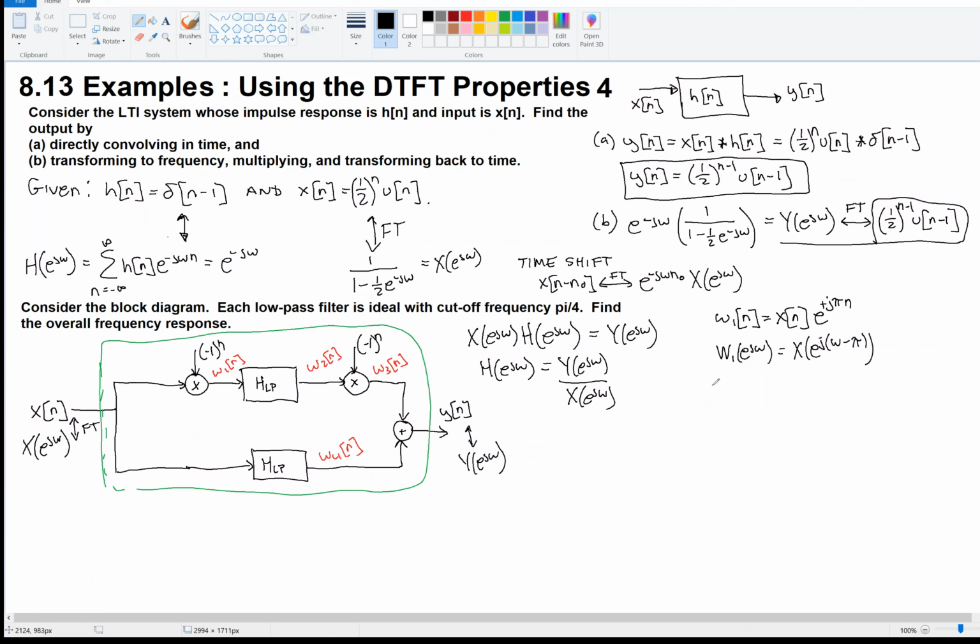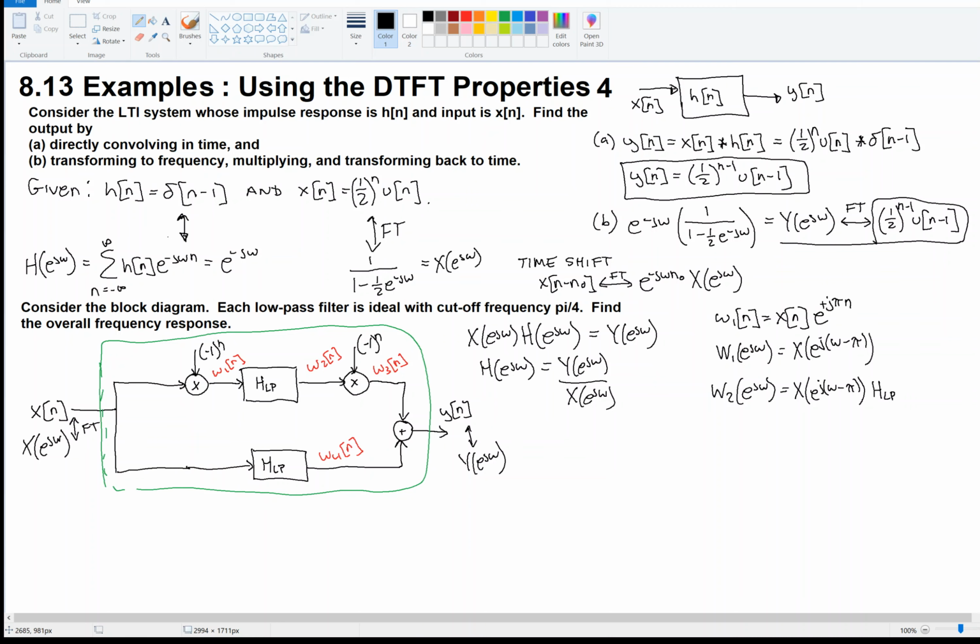Okay, so now what is W2's spectrum? Well, W2 of e to the j omega, and this is the convolution property, is the output of the low pass filter. So that is X of e to the j omega minus pi, that's what we put in, the W1 spectrum, times the low pass filter frequency response.